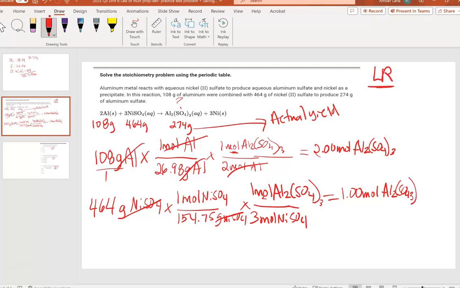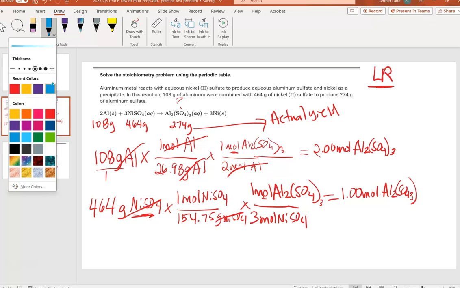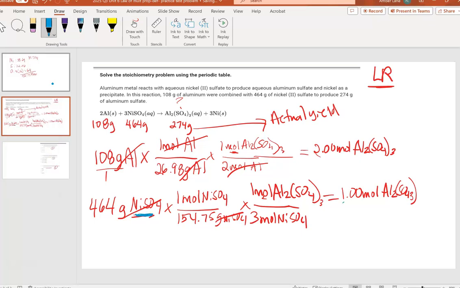So at this point, I compare my answers. So this reactant right here produced the smallest amount of moles. So that means nickel(II) sulfate is my limiting reactant. So that's question number 1 answered.